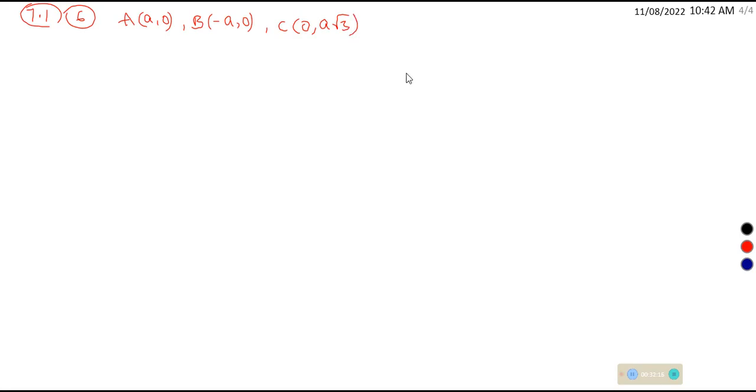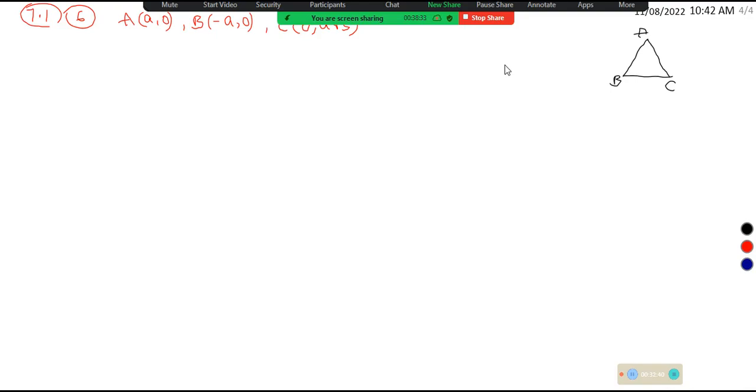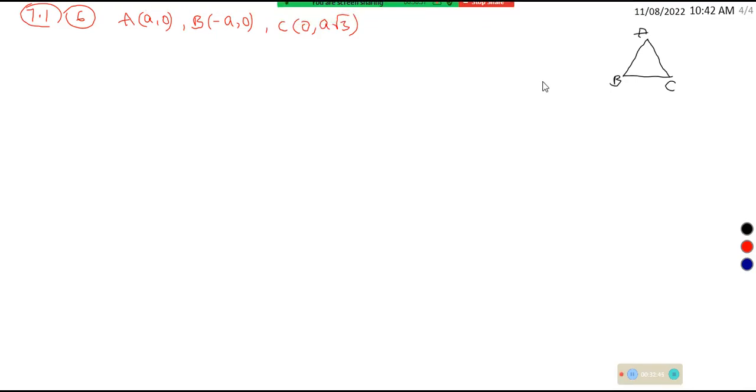So he gave 3 points. Now we have to show these 3 points are vertices of an equilateral triangle. Why are only 3 points given? For a triangle we have only 3 vertices, A, B, C. What are the properties of an equilateral triangle?